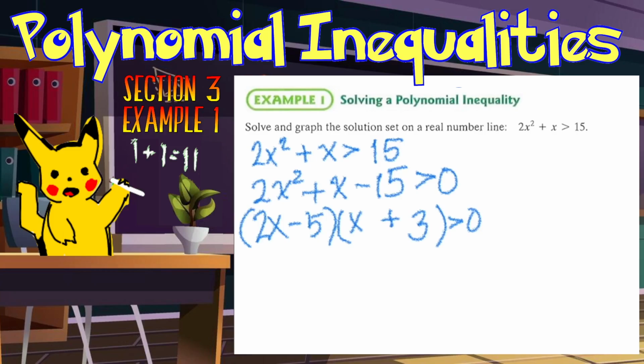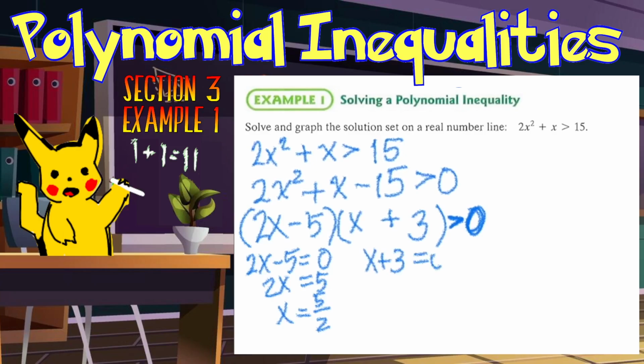Now, I know I'm writing greater than 0, but when I'm getting my x-intercepts, even though I have greater than 0 still written over here, for the step of getting my x-intercepts, for just a moment, I'm basically going to consider it as equals, because there is no real correlation to the inequality with my x-intercepts at that point. So I'm just getting my x-intercepts, all right? No inequality symbol, please, and triple please.